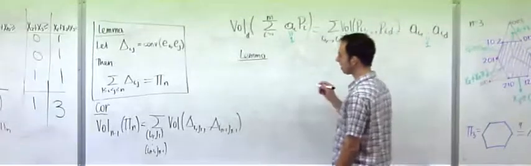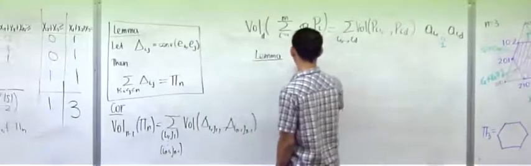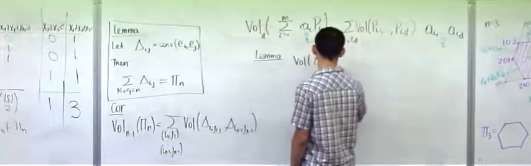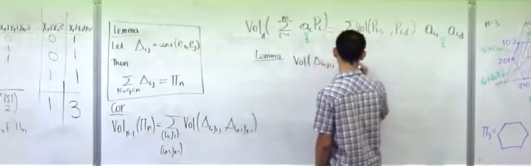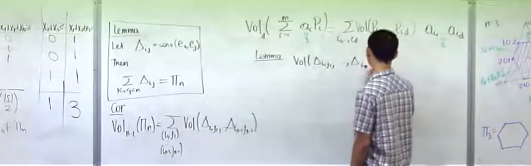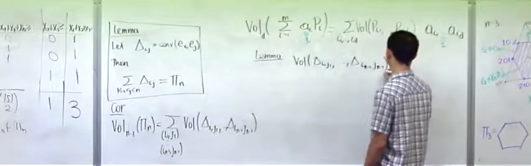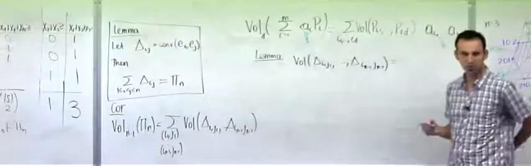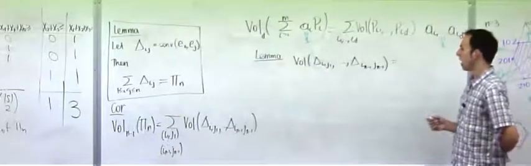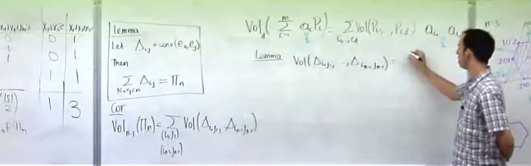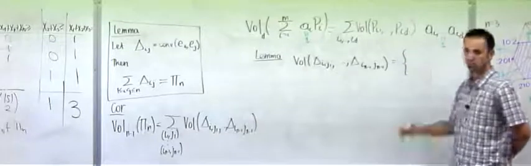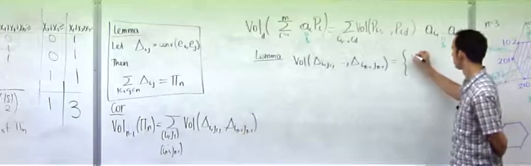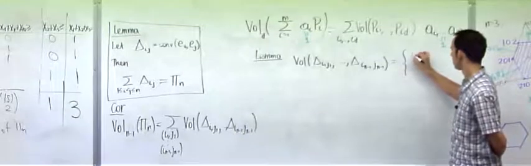The key lemma is that when you do that mixed volume, you get 0 or 1.